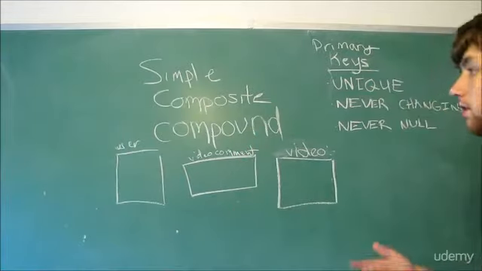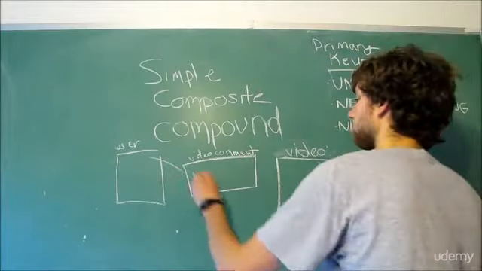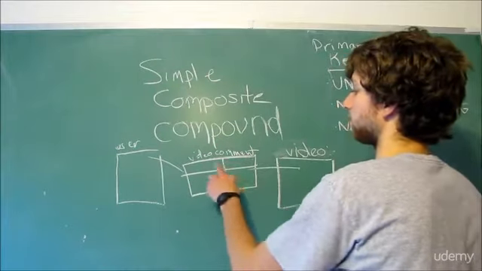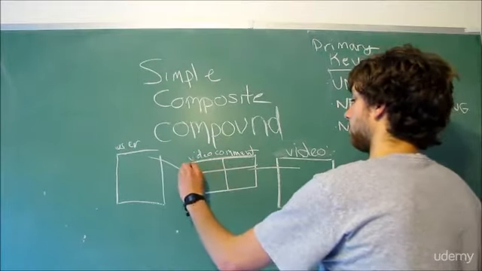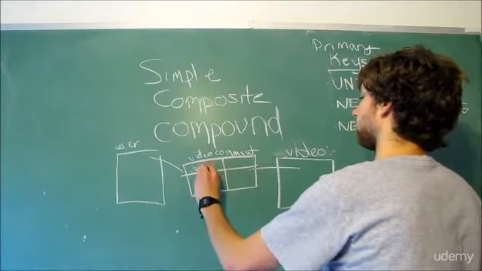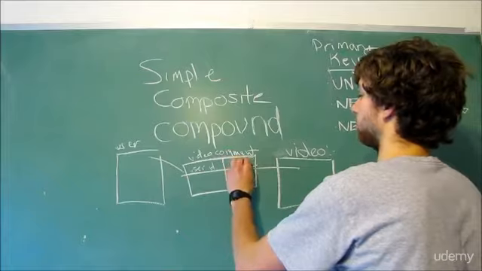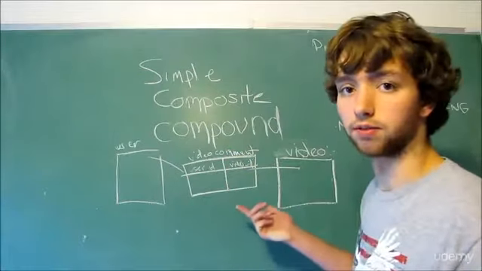You see what I'm saying? So we get a connection between the user and the video to create an intermediary table, and it's split up with two keys. So we have the user ID and then the video ID, and then we could have another column for the message or the date or whatever else.